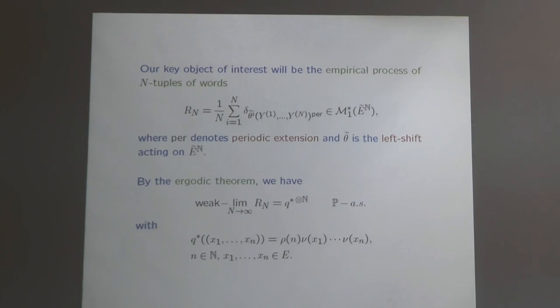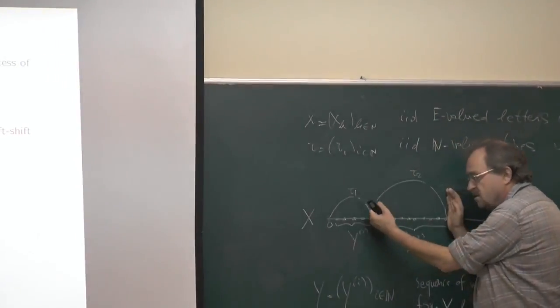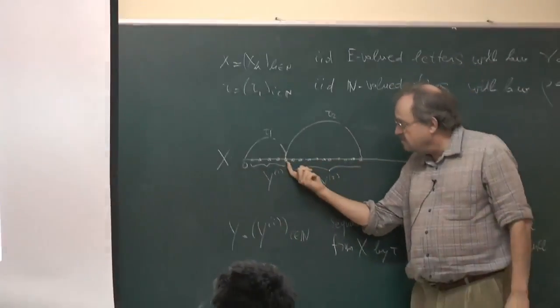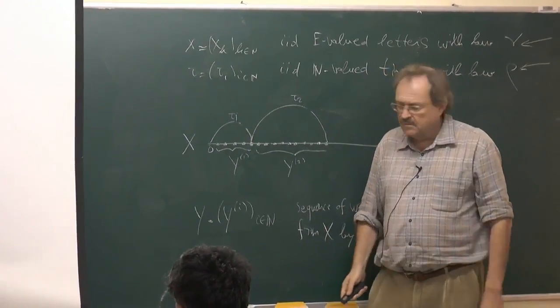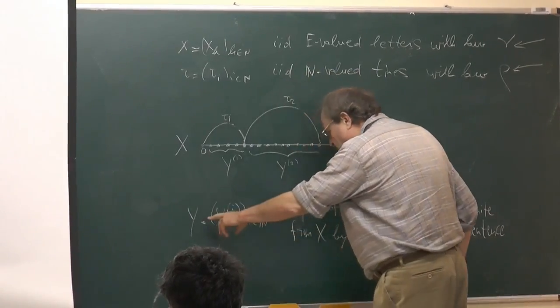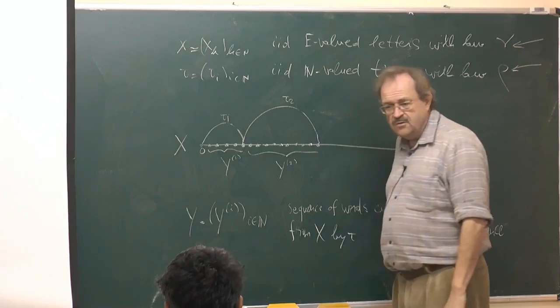So if I just say, what does the first word look like, I see the Q. If I say, what does the second word look like, then it doesn't matter where this thing started. What I see is again a repetition of the same thing. So actually, under the joint law of these two things, this is just an ID sequence.